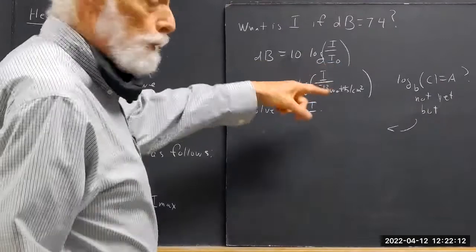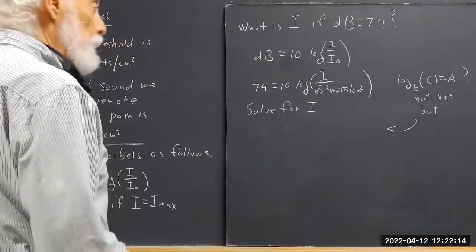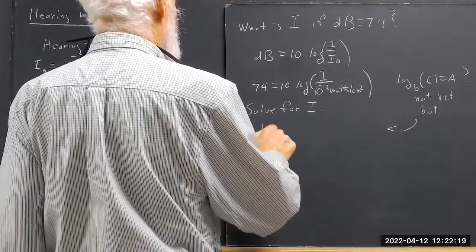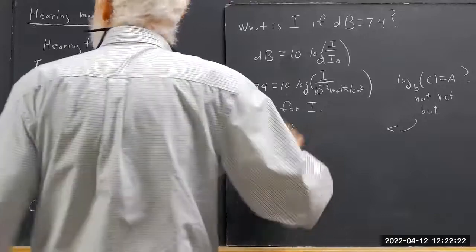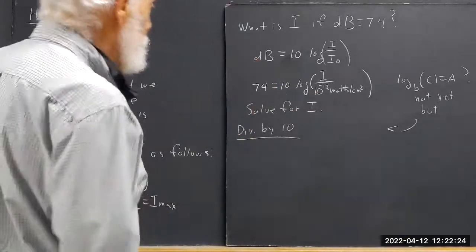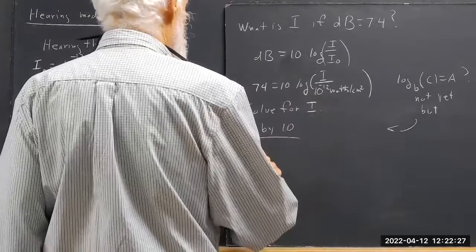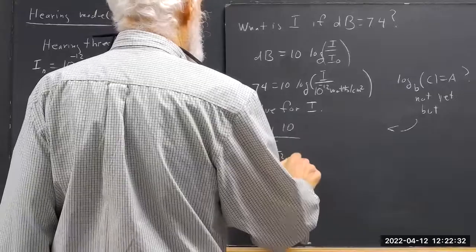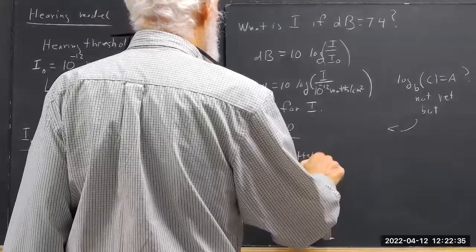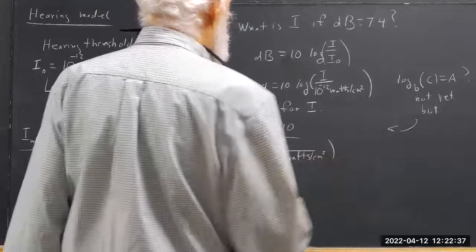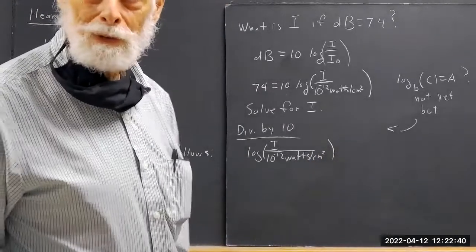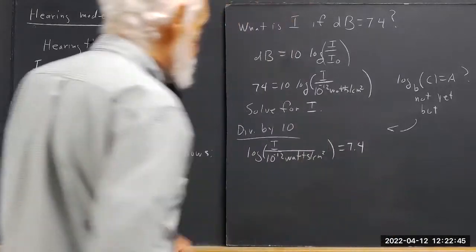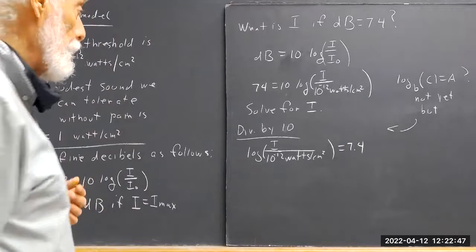Not yet in this form, but it's going to be when I divide both sides by 10. Out of time, so I'm going to abbreviate this. We divide both sides by 10 and put this over here to get log of I over 10 to the minus 12 watts per square centimeter equals 7.4. It's real easy to divide by 10. We don't need a calculator to do that.